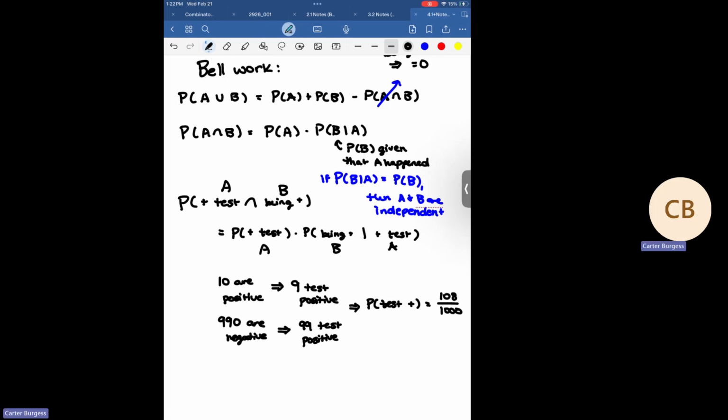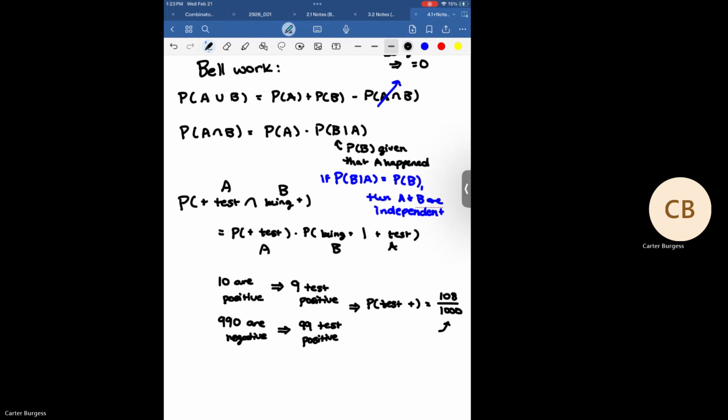So about 10% of the people are going to test positive. A little bit more. Okay. Do we feel good with where this came from? The number of positive tests, some of which are true positives, right? 9 of them are true positives, people who have the condition, who have been caught with having the condition. And then 99 of them are false positives, people who do not have the condition, who are being told, in fact, you do have the condition.